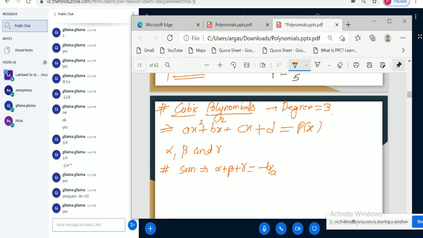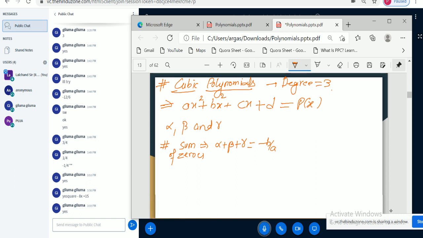Second is the sum of zeros taken two at a time, that is alpha into beta, beta into gamma, gamma into alpha, which is c by a.